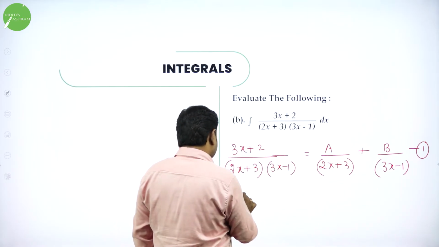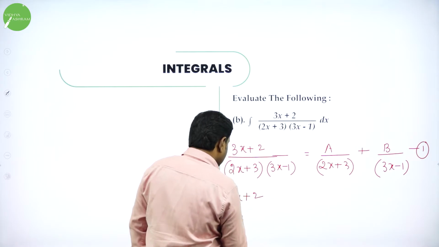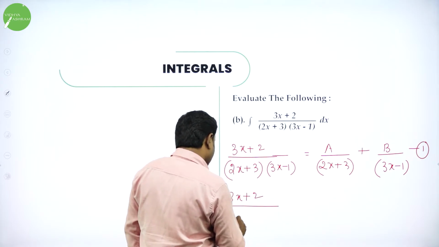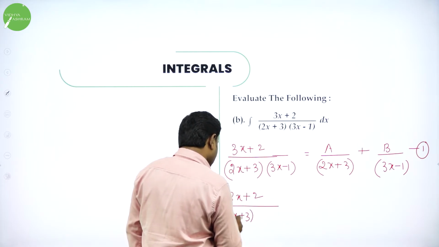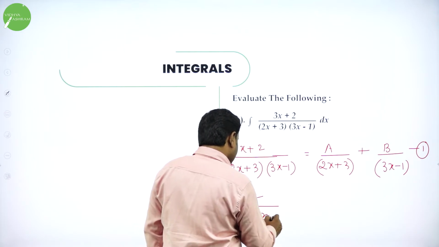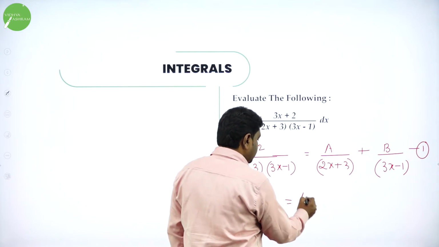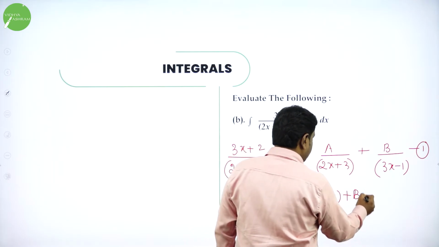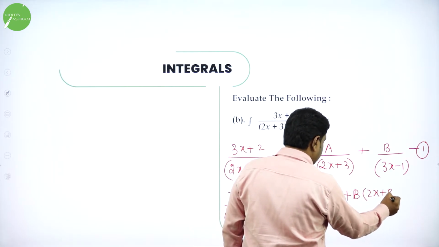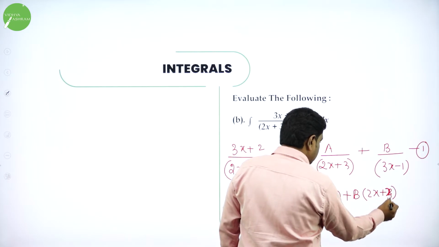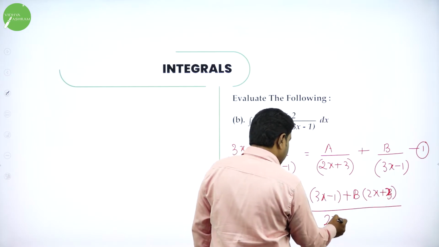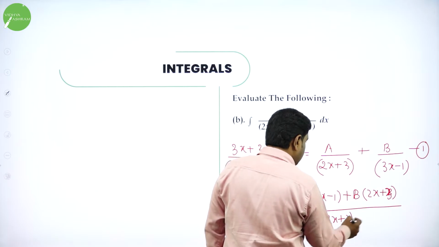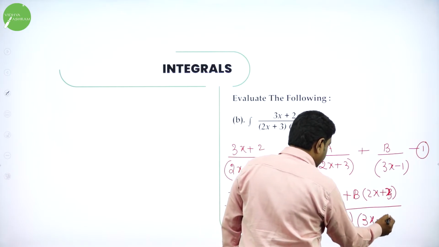So we'll have (3x plus 2) divided by (2x plus 3) into (3x minus 1) is equal to A into (3x minus 1) plus B into (2x plus 3), whole thing divided by (2x plus 3) into (3x minus 1).